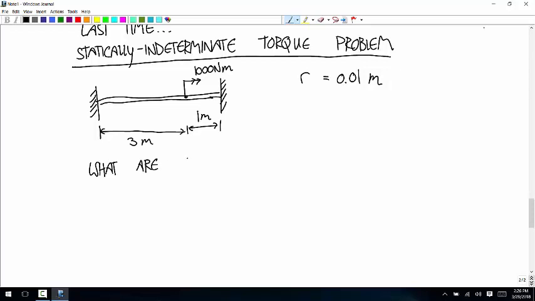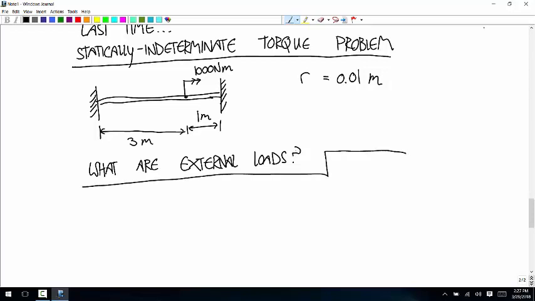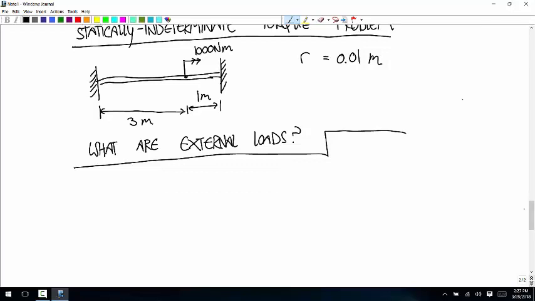What are the external loads? Okay. So first we need to do the statics.